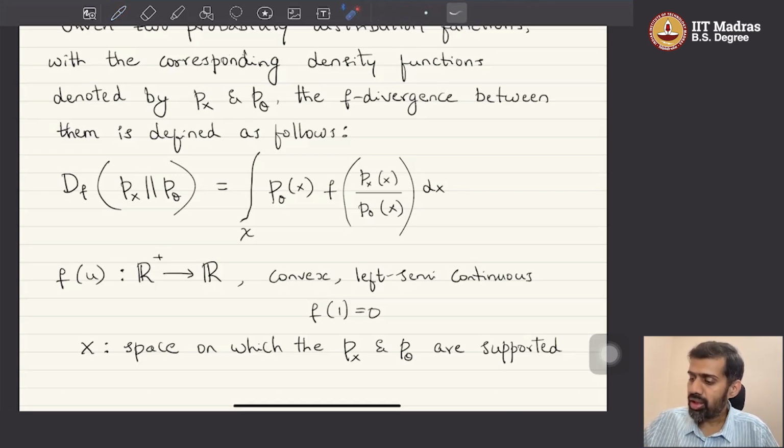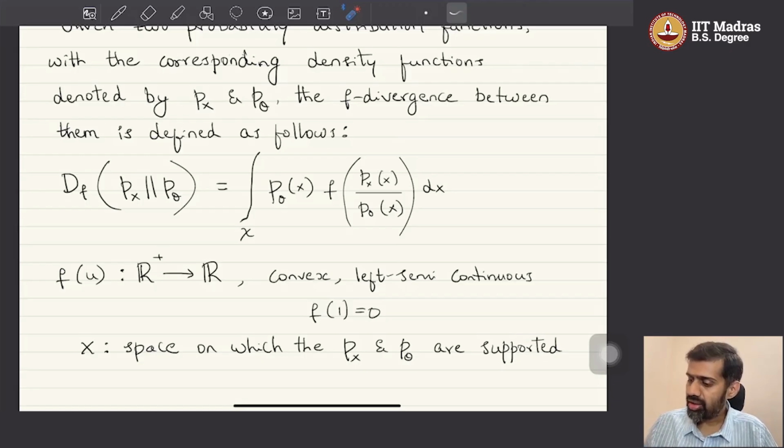Now, please note that f here is any function that is convex and left semi-continuous such that f of 1 equals 0. So one can choose an f which has these properties, and any particular choice of f is going to give you one divergence metric that has special properties. Now, u here is a dummy variable. So f is a function from positive real numbers to real numbers.